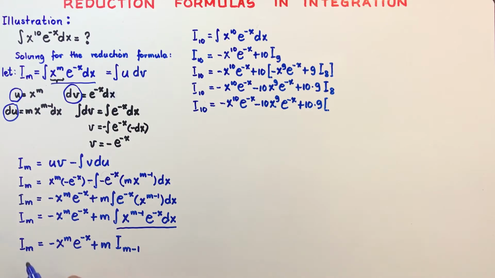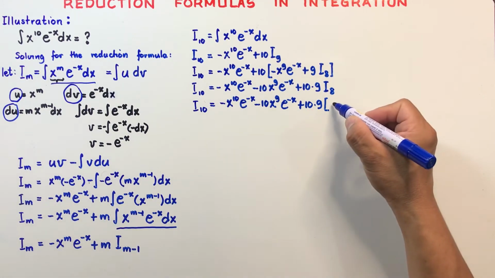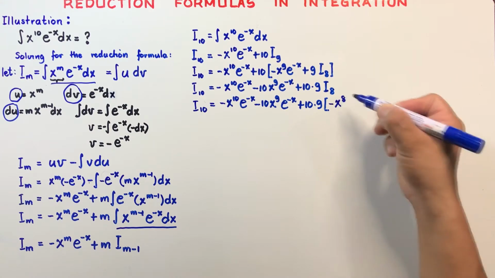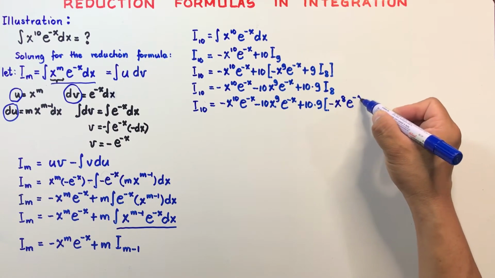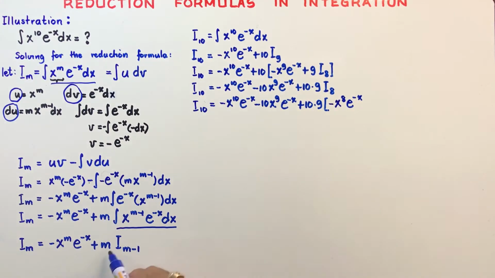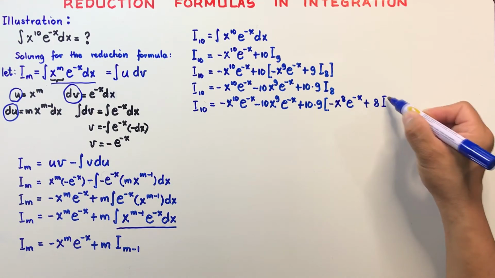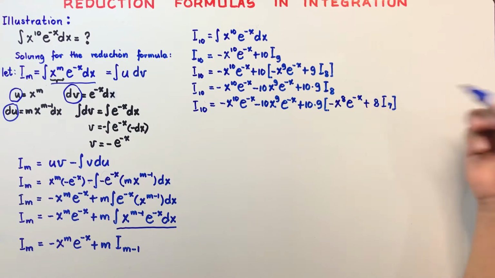So your m this time is 8. So this is negative x to the power 8 times e to the negative x, following this formula, plus 8 times I sub 7 here.